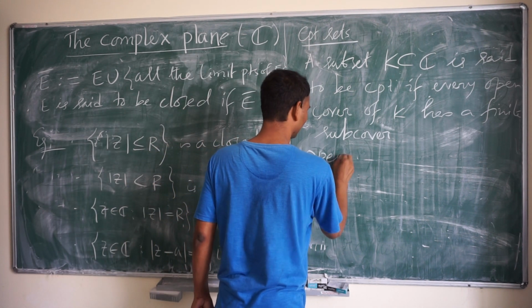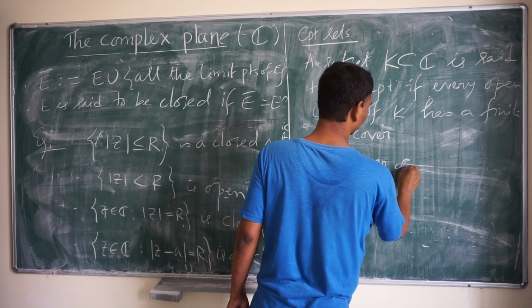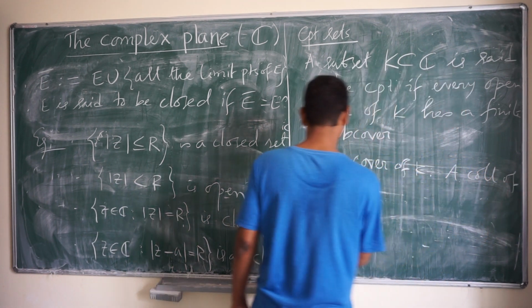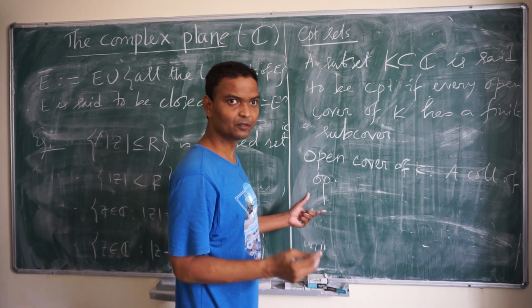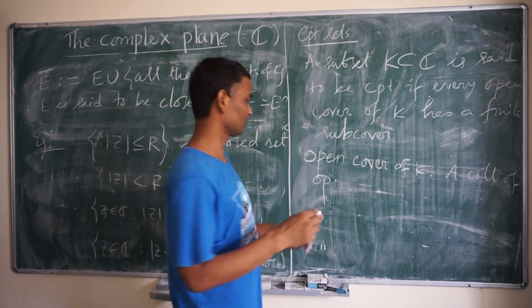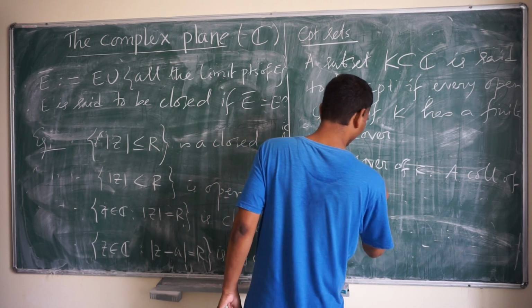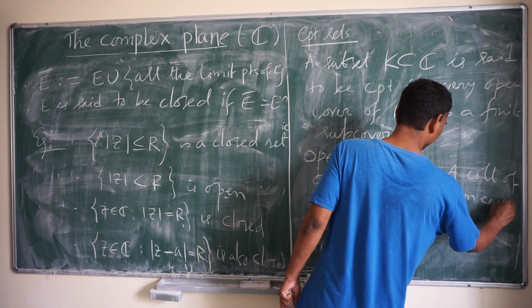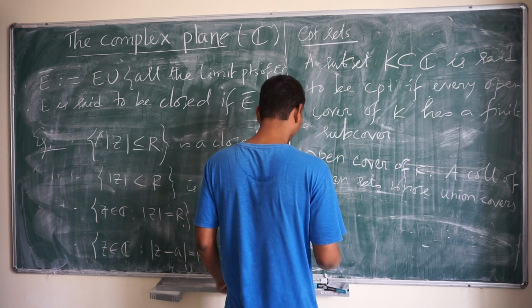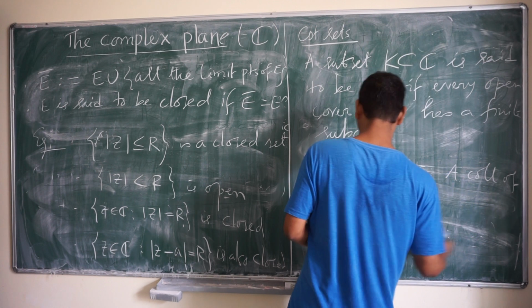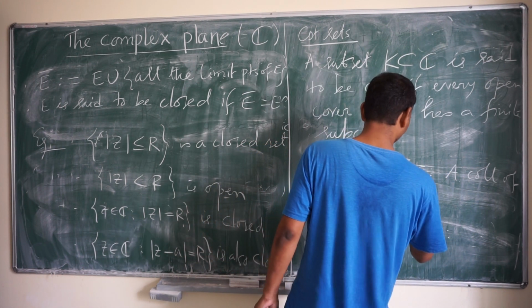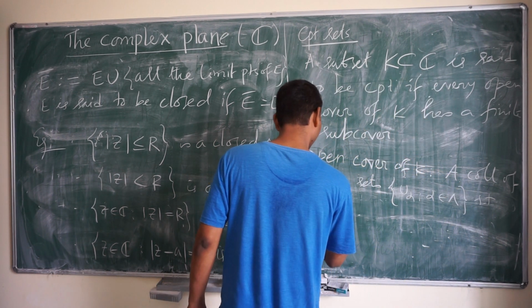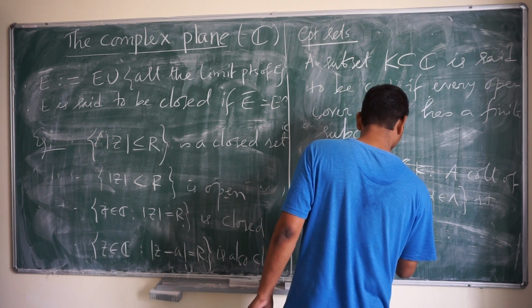An open cover is a collection of open sets whose union covers K. That is, a collection of open sets U alpha, where alpha is in some index set, such that K is a subset of the union of U alpha.